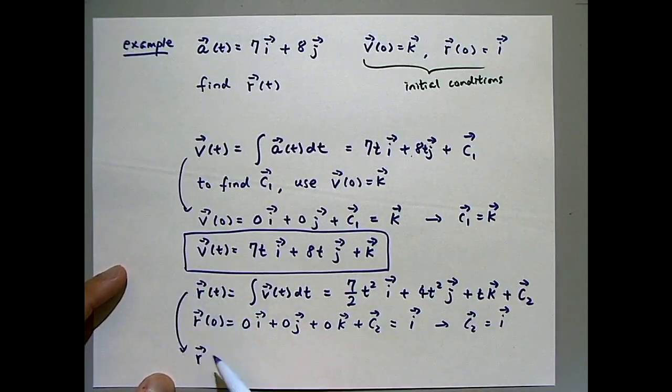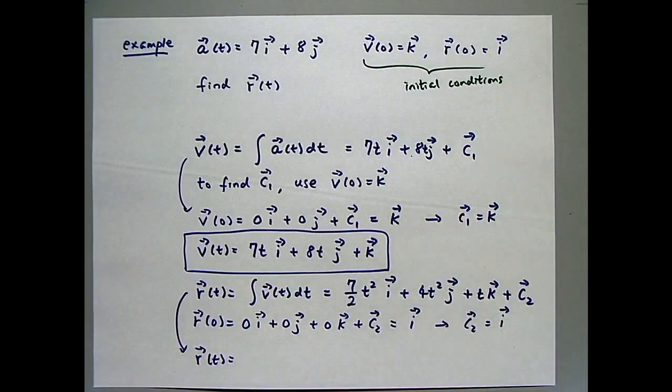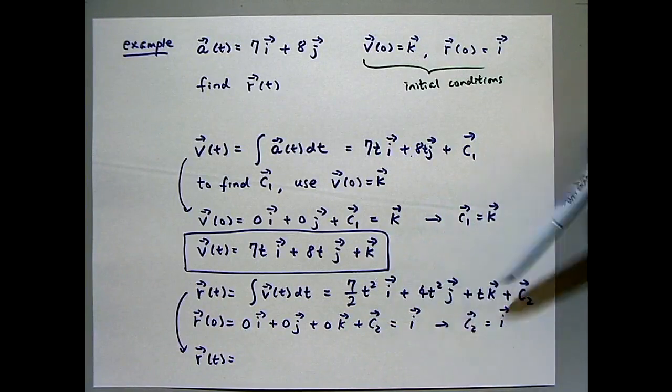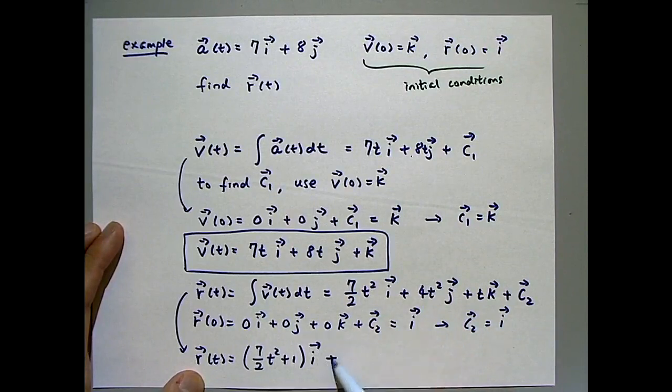And therefore the complete, uniquely determined vector function for r is 7 over 2 t squared plus 1 i, plus 4t squared j, plus tk.